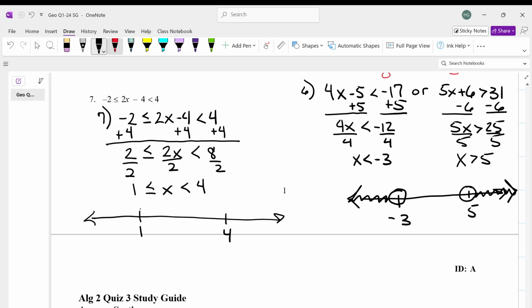We are closed on the 1. And 1 is less than or equal to x, which means x is greater than or equal to 1. So we're moving this way to the right. And then we're open on the 4. And our solutions are less than 4, so we're shading to the left.